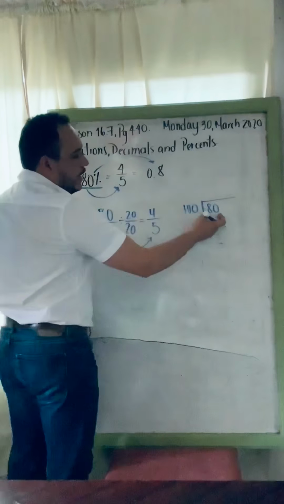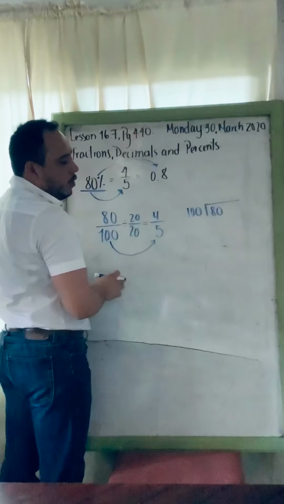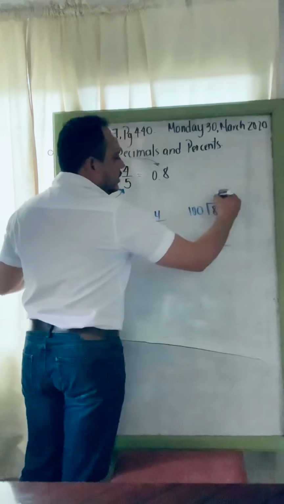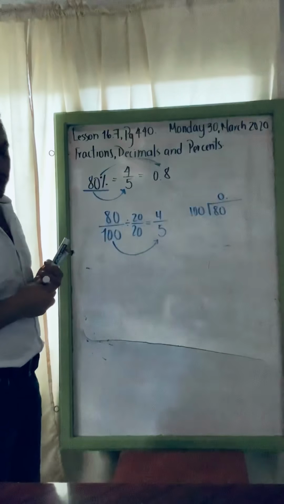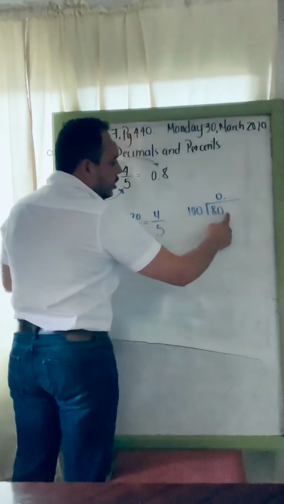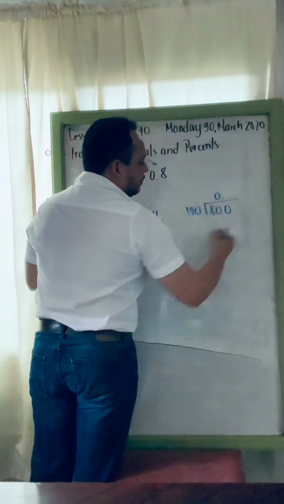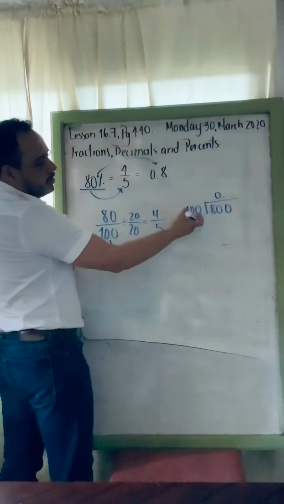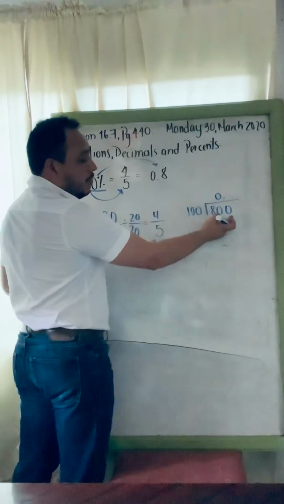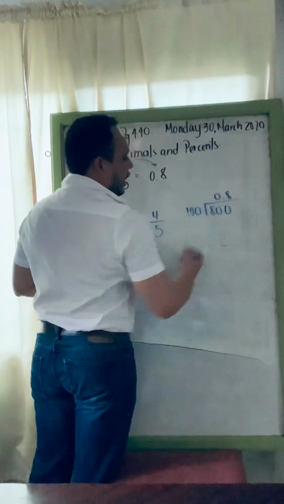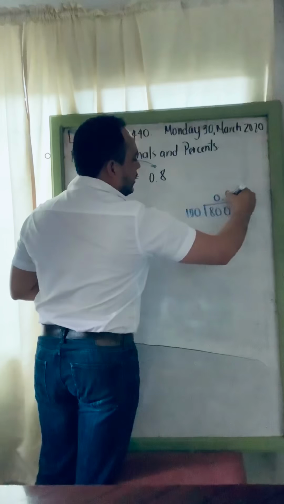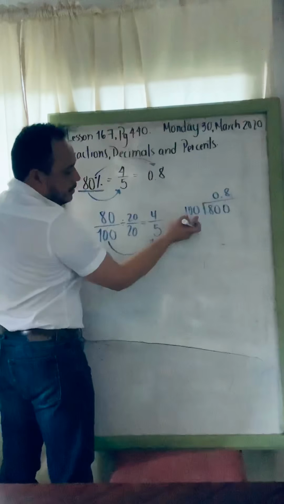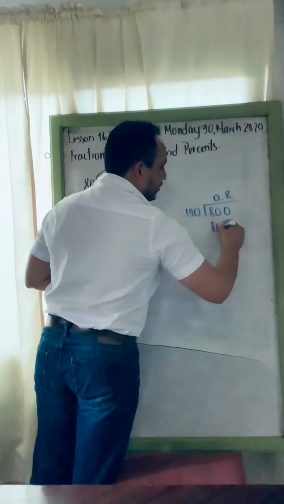As you know, 80 is too small for 100, so you obviously need to add a 0 and a decimal point. Now, this gives you the opportunity to add a 0 here so you can continue dividing. Now tell me, what number times 100 gives you 8 hundredths? Obviously 8.